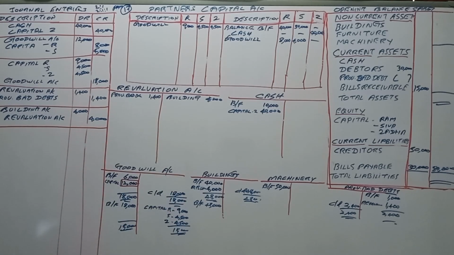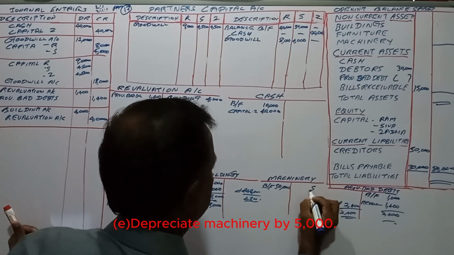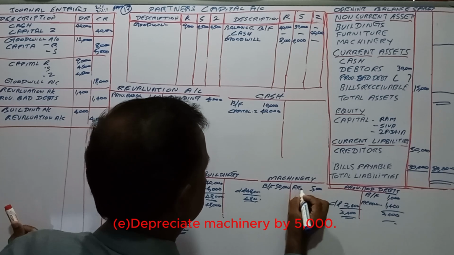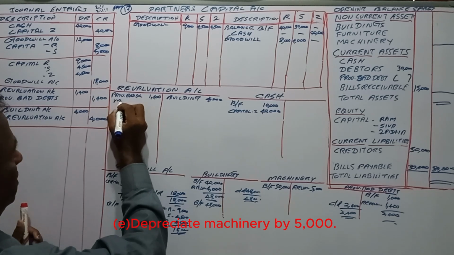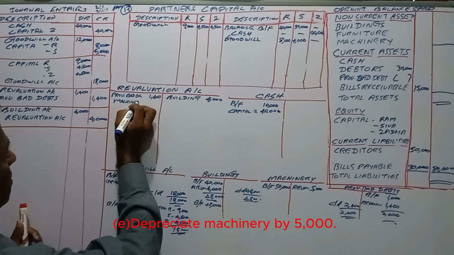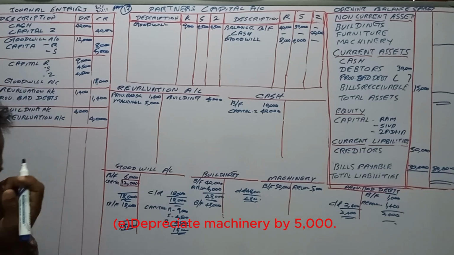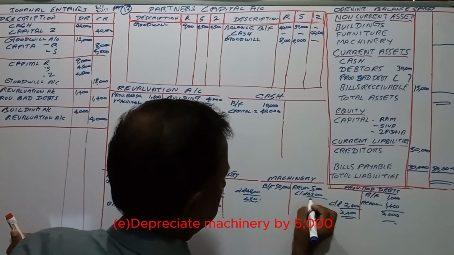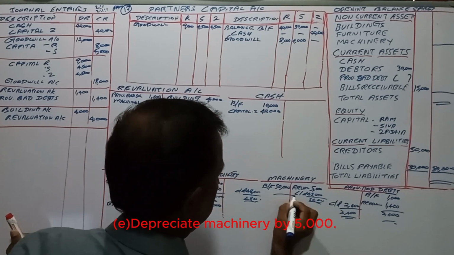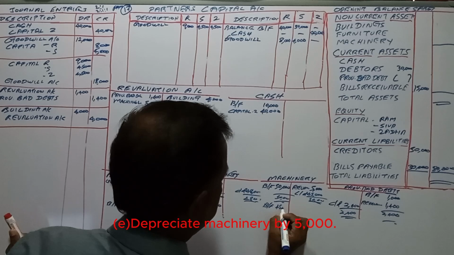Okay. Then depreciate the machinery by 5,000. Depreciate the machinery, value is decreased by 5,000. Revaluation account debit, machinery, 5,000. Right? Carried down value is 45,000. Brought forward is 45,000.